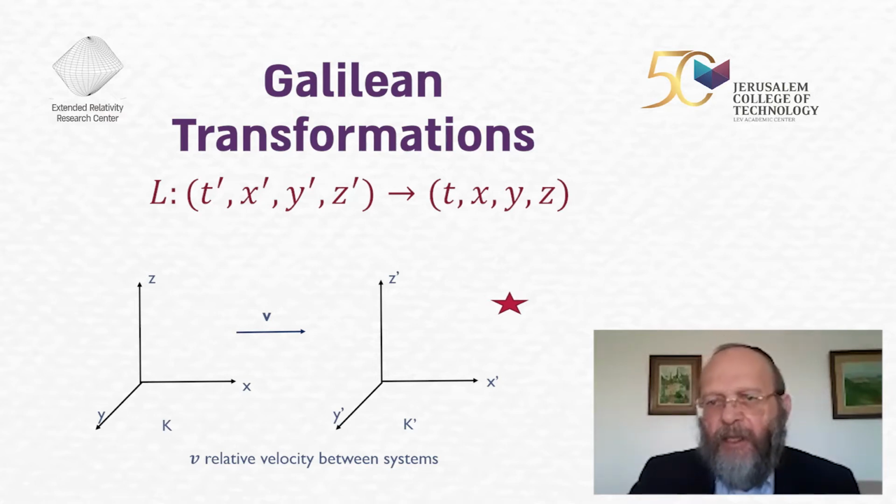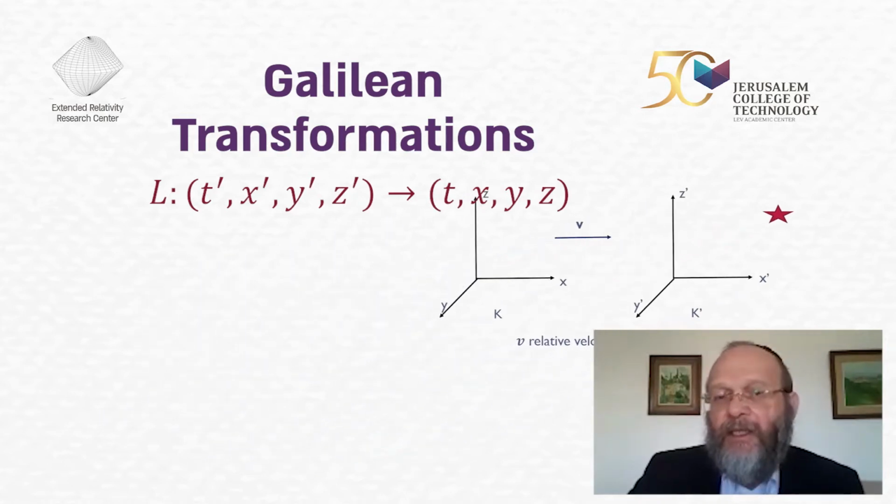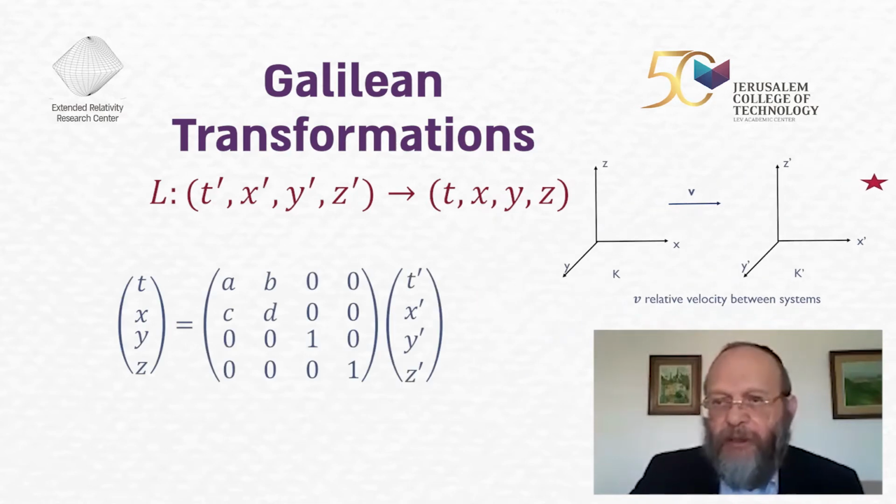You have an event, you measured it in system K prime, and I want to know how it will look when we measure it in system K. As I said, the transformation is linear. Linearity follows because we assume that at time 0, the two origins were at the same point, and therefore it's a linear map.